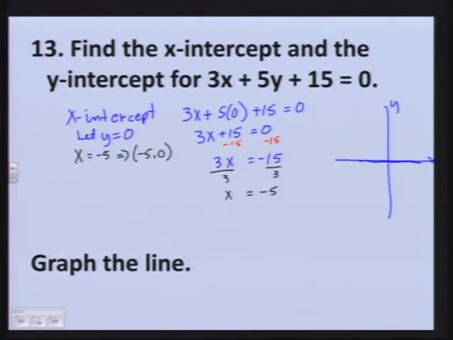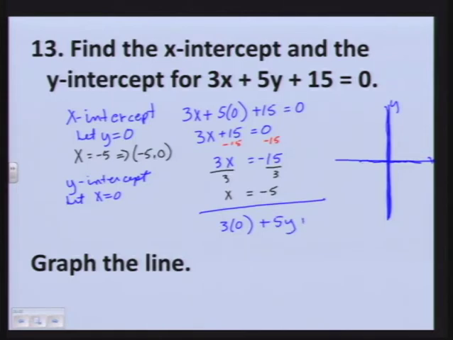All right, next we want to find the y-intercept. And this time we'll let x equal 0 because anytime we're on the y-axis, we've moved left or right none and our x is 0. So letting x equal 0, we get 3 times 0 plus 5y plus 15 equals 0.